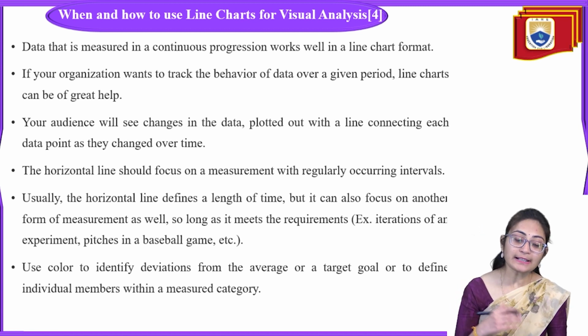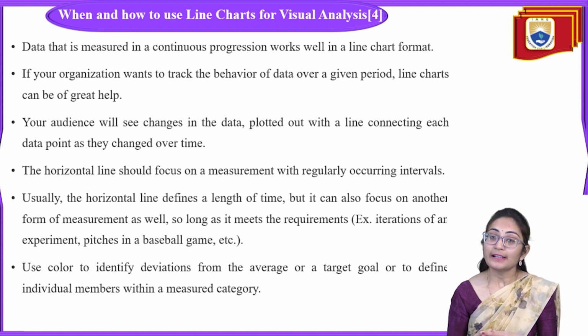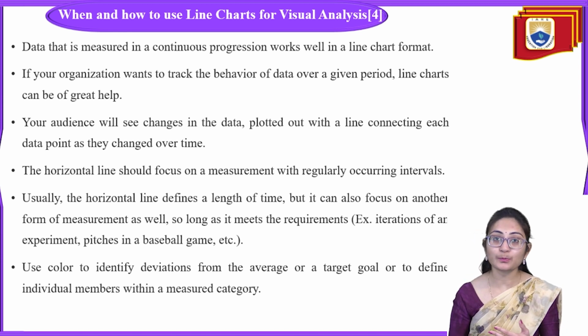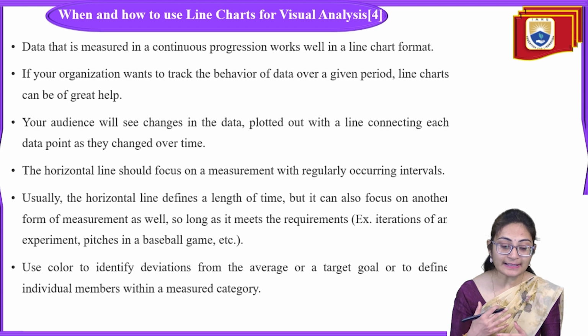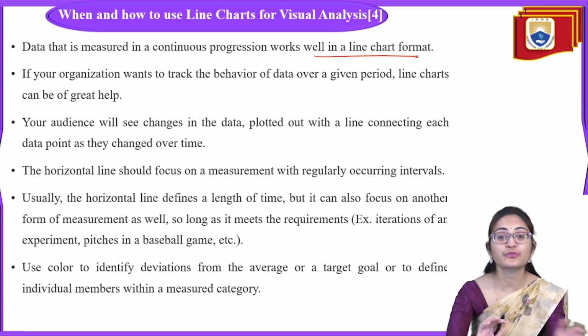Now, when and how to use line charts for visual analysis. Till now we have used scatter plots and box plots, but now we are using the line chart. Generally, data that is measured in continuous progression works well in a line chart format.